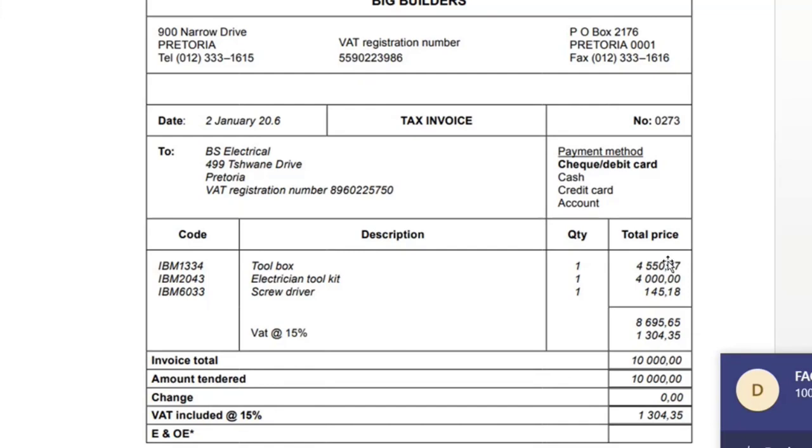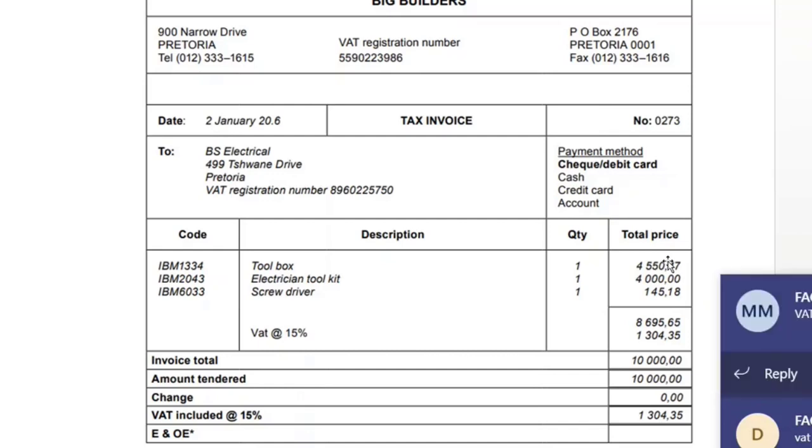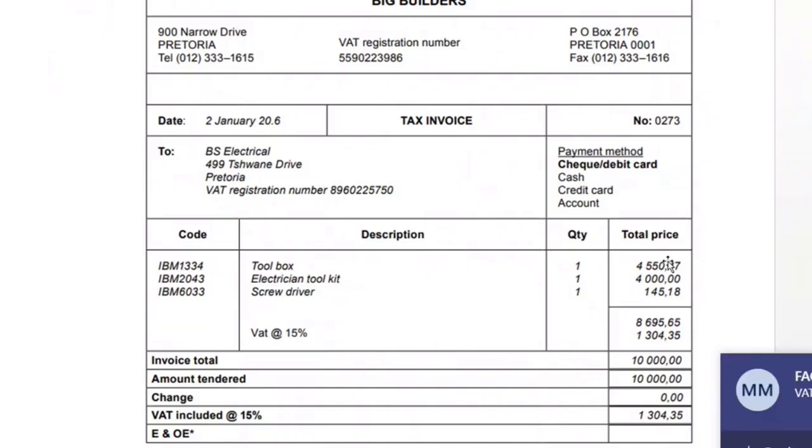Okay, Desiree is saying for the VAT amount, 10,000 times 15 divided by 114. Do you agree with Desiree, guys? Maila is saying 10,000 times 15 divided by 115. Yes, guys, that's correct. You take the VAT inclusive amount, multiply by the VAT rate, divided by 100 plus the VAT rate.